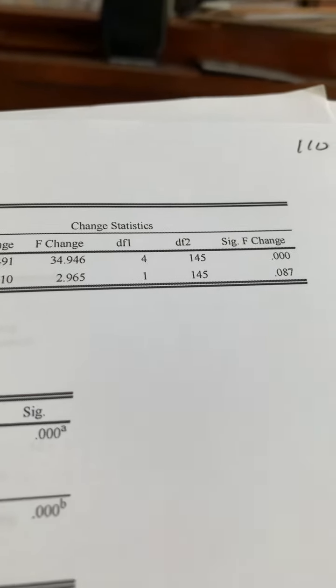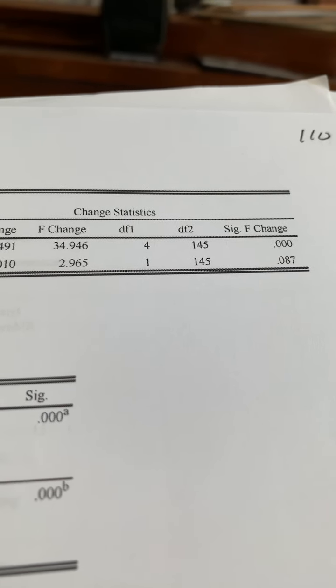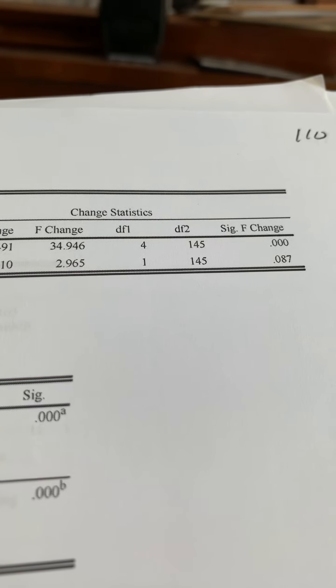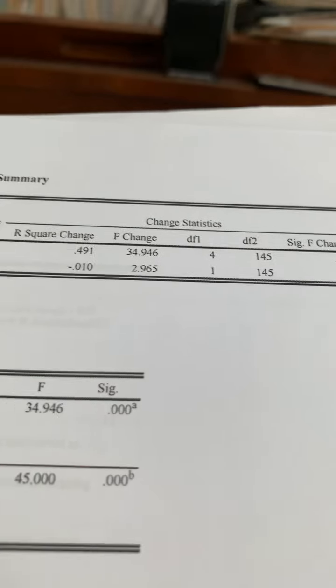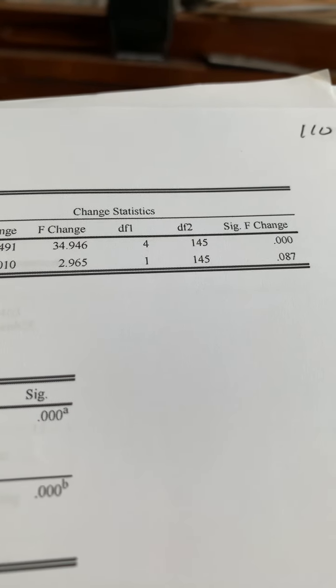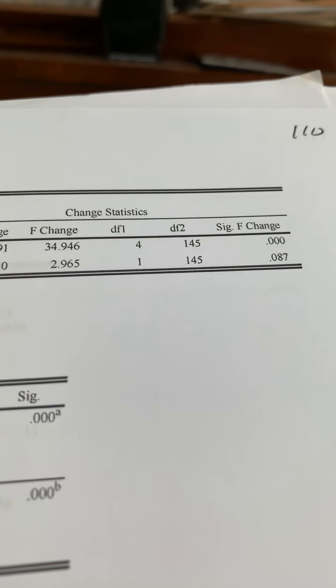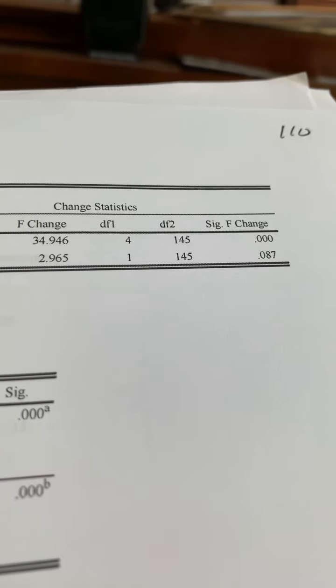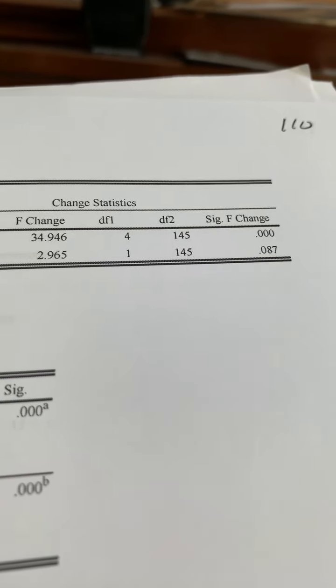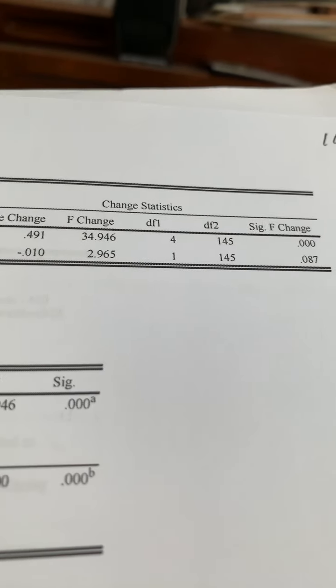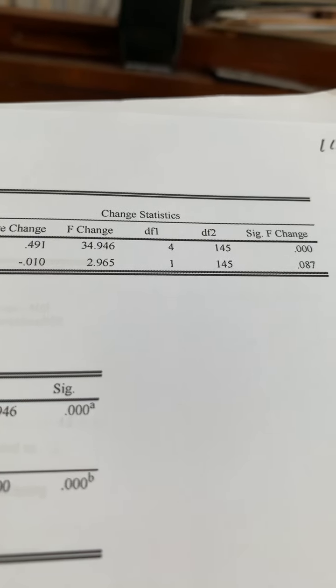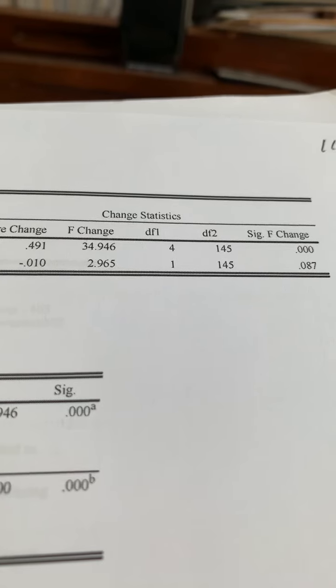If the backward approach is working the way it should, this change in R square is going to be non-significant. Now, what does that mean? It means that the amount of variance that one predictor variable was contributing to the model is non-significant. With the backward approach, it's removing variables that really don't have any importance.